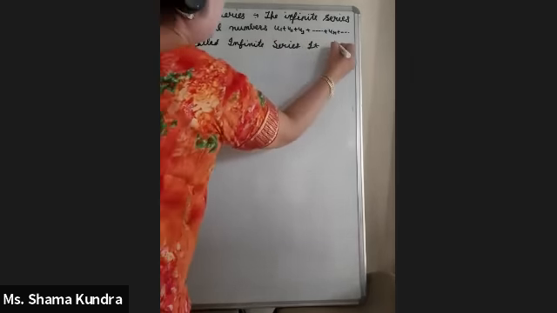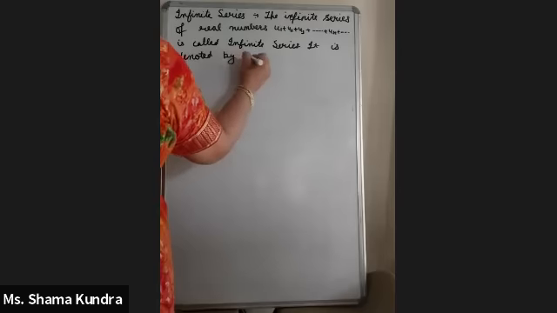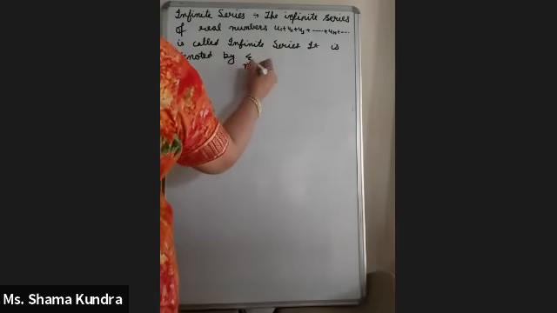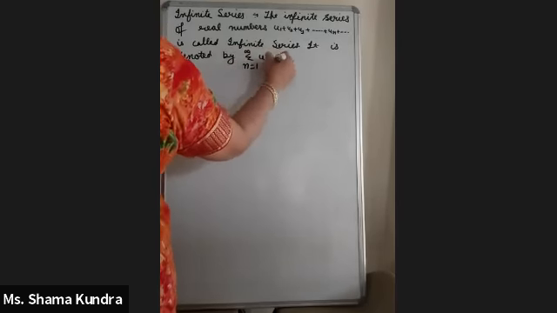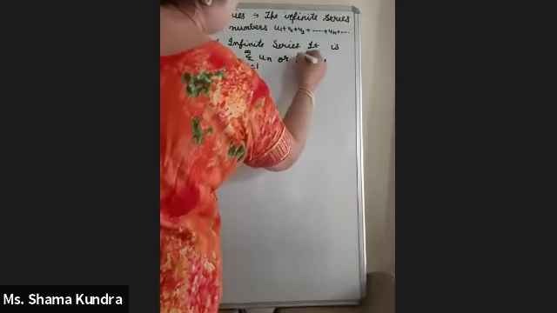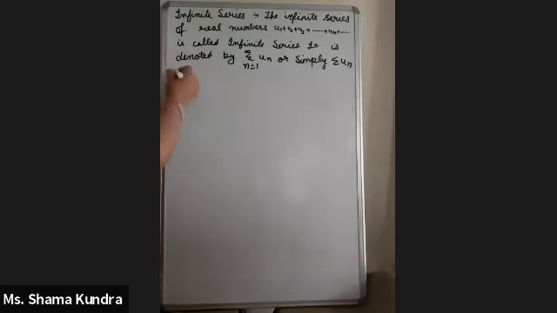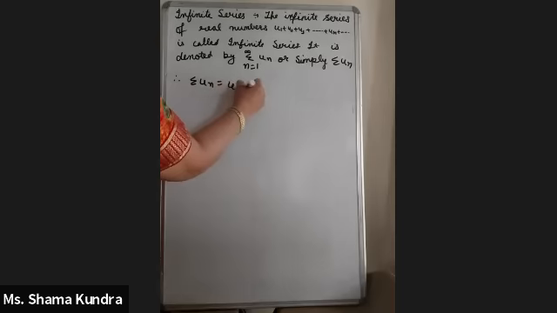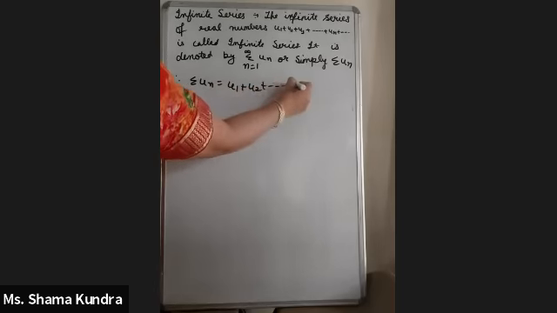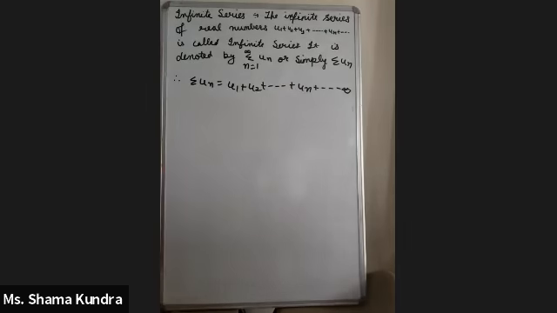It is denoted by summation n varies from 1 to infinity un, or simply summation un. Therefore, summation un equals u1 plus u2 plus so on un plus so on till infinity.